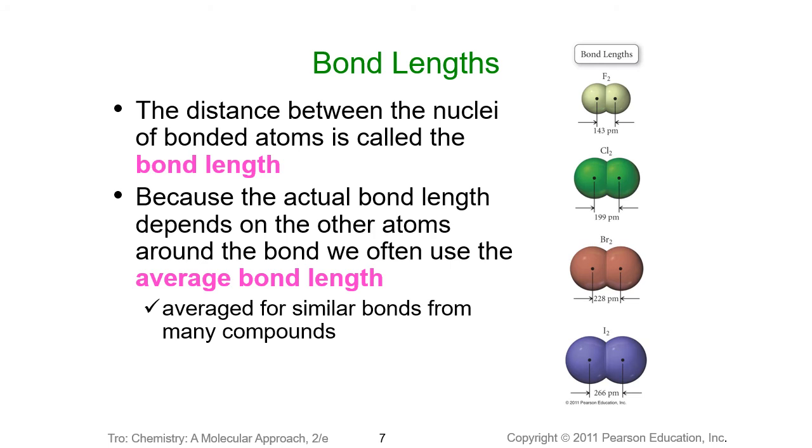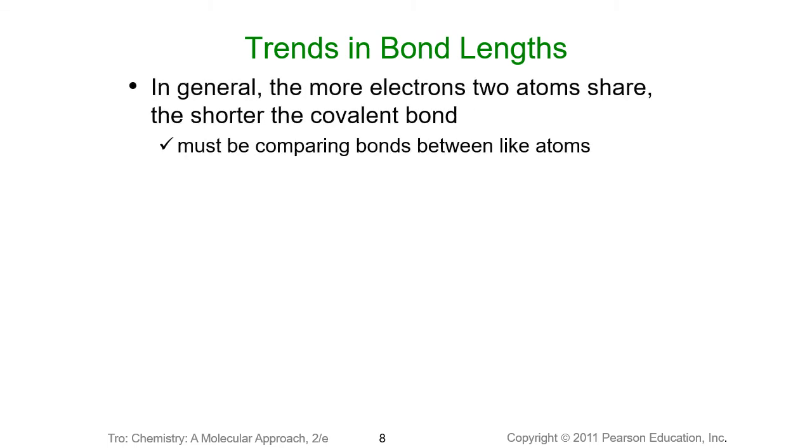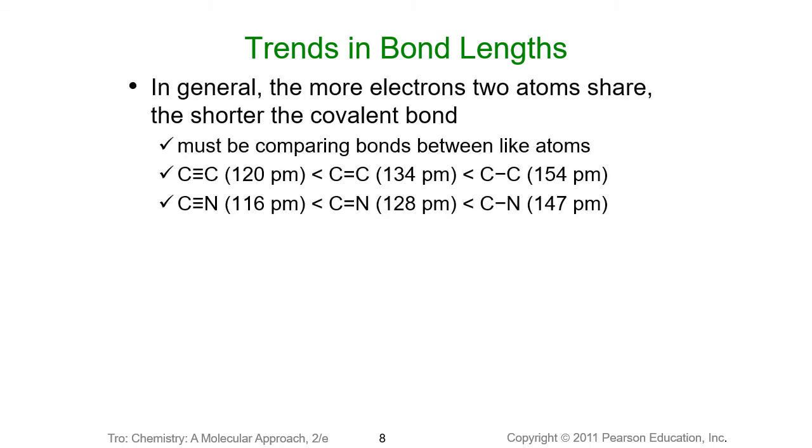If we look at fluorine, our bond length is pretty small. If we look at iodine, our bond length gets to be larger. In general, the more electrons that are shared, the shorter the covalent bond. So a triple bond is going to be much shorter than a single bond.